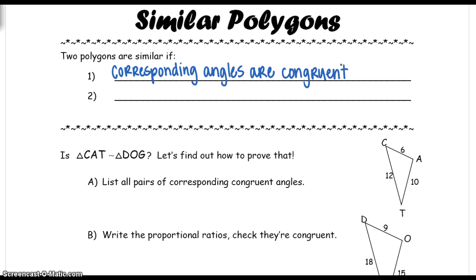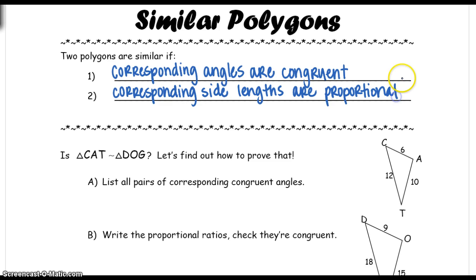You always check for that. And then you also want to make sure that their corresponding side lengths are proportional. Okay, so those are the two main things we're going to talk about today.